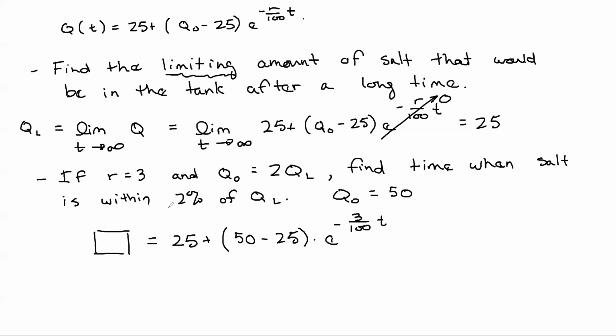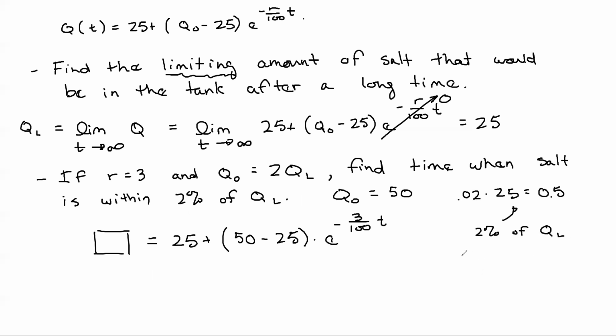Well, you could start off by taking 2% and multiplying it by the limiting amount. So 0.02 times 25 gives you 0.5. So should we put 0.5 here? No. The issue is that this is 2% of QL.